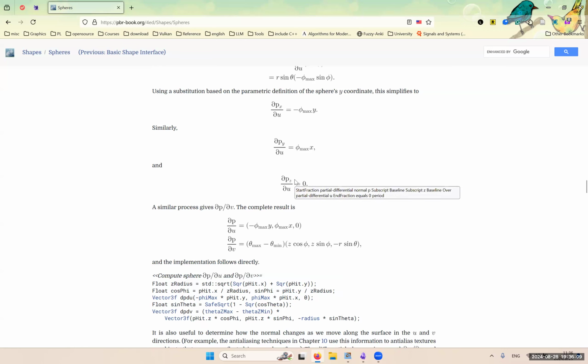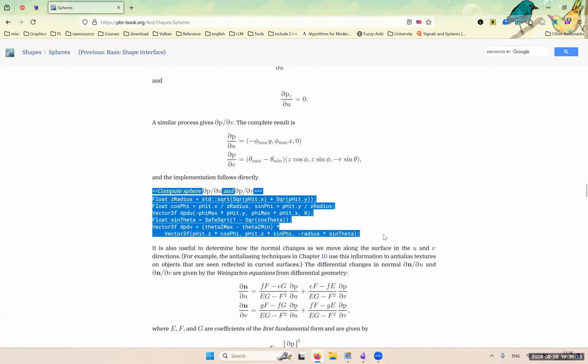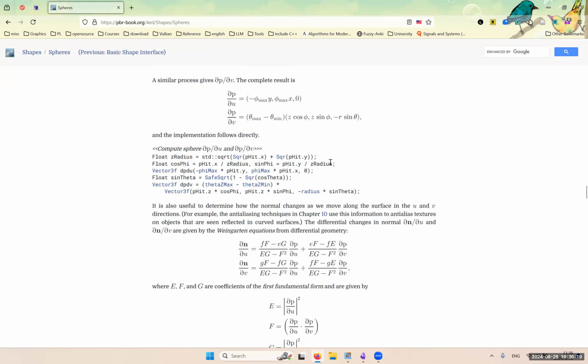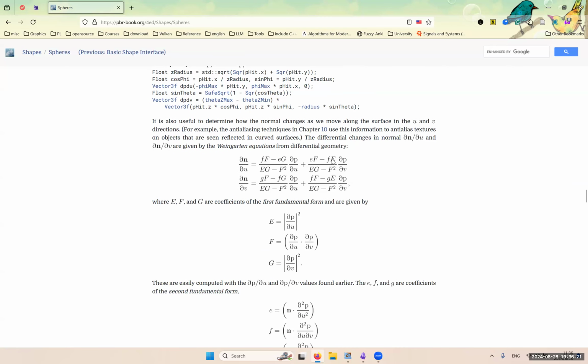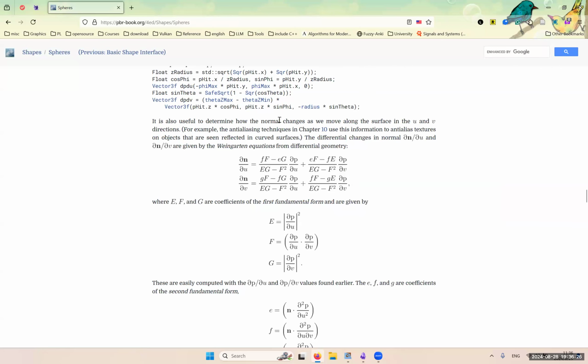This. And here is a bunch of code to implement that. Determine how the normal changes as we move along the surface in the UV direction. Okay, so it's useful for antialiasing.